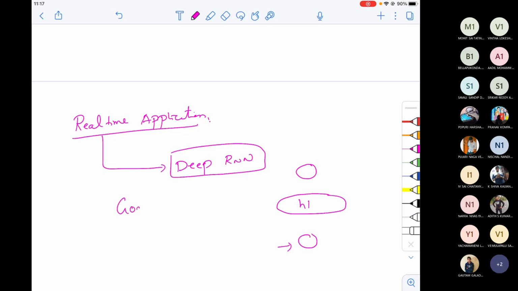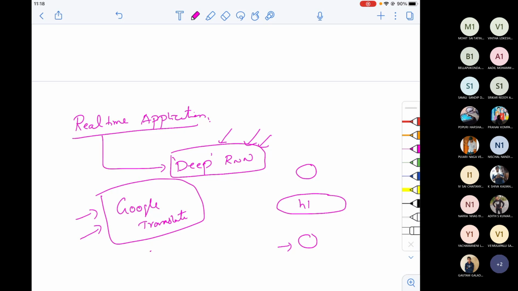For example, I think many of you have used Google Translate. Even Google has published a paper saying that it uses deep RNNs to perform Google Translate. That much powerful it is. RNNs itself are powerful, but when you have ensembled hidden layers for every artificial neural network, then it creates a lot of applications for many use cases.